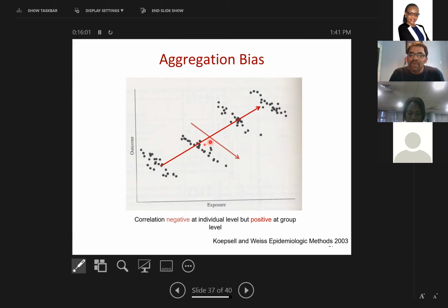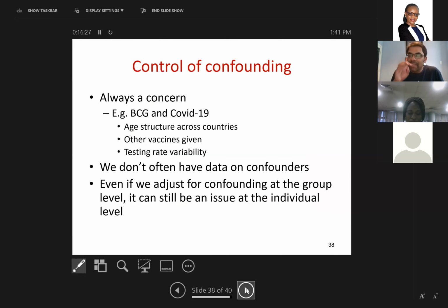You collapse the 4 countries into 4 dots. Now you see a directionality that goes in the opposite direction, right? As exposure goes up, the risk of the disease seems to go up because you're now comparing across these 4 countries. So by lumping all of them, you lost the directionality that you saw within a country at the individual level. This is called aggregation bias, and that's the challenge that we have.